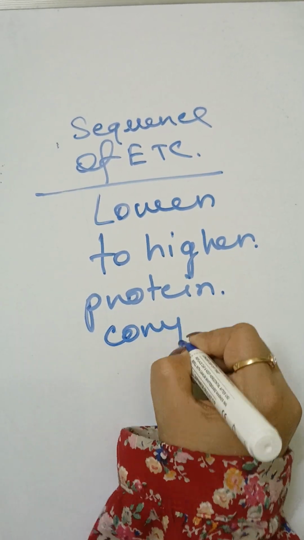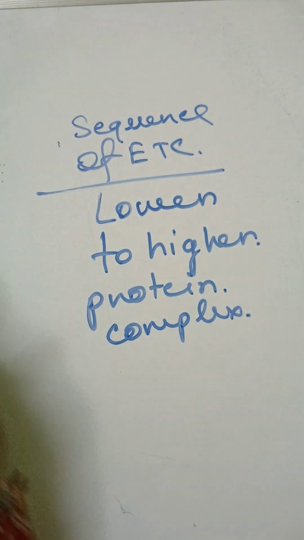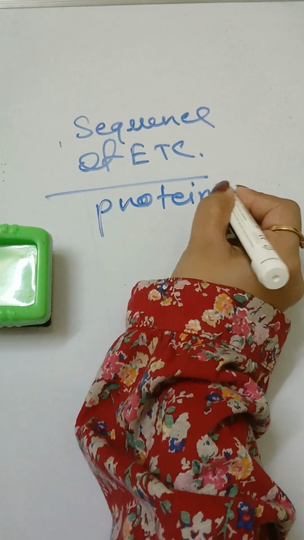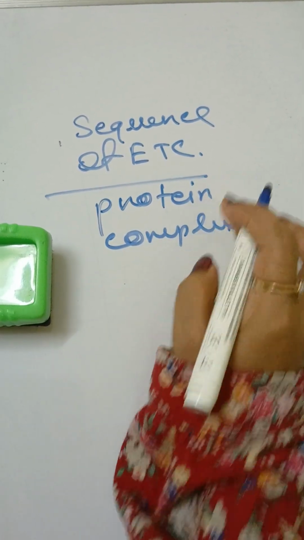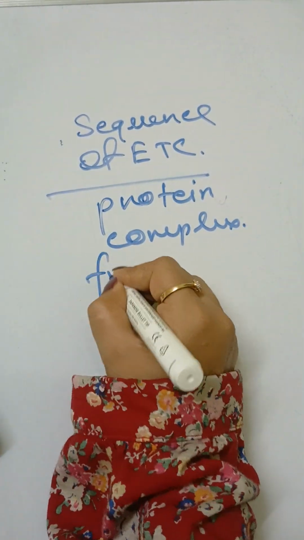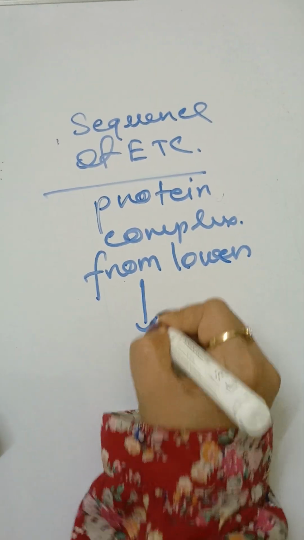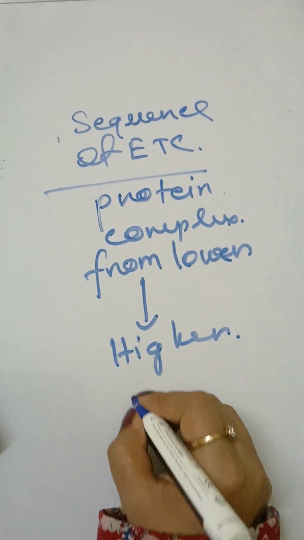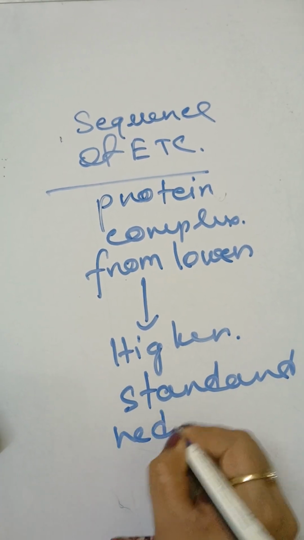The electrons will be transferred from one protein complex to another from lower to higher standard reduction potential.